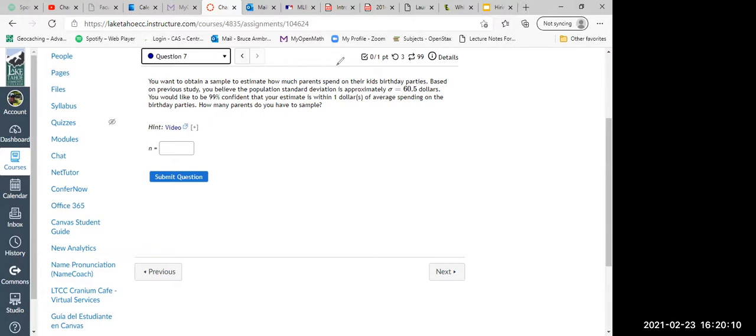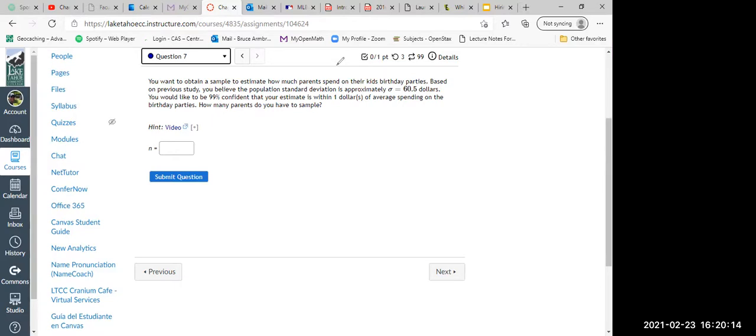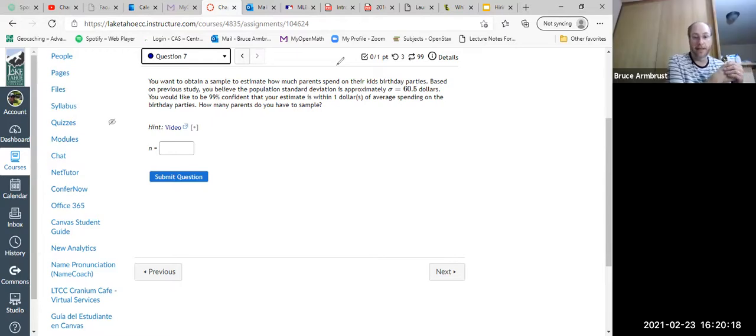Okay. So remember that what we're looking for, means are averages, proportions are percentages. So are we looking for what percent of parents spend money on their birthday parties? Or are we trying to figure out the average amount spent?